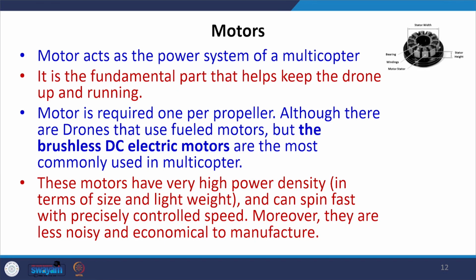Then there are motors, and the motor will act as the power system of a multicopter. It is the fundamental part, and it will help keep the drone up and running all the time. A motor is required one per propeller because there is more than one propeller in a multicopter system. There are drones that use fueled motors, but the brushless DC electric motor is the most commonly used in modern multicopters.